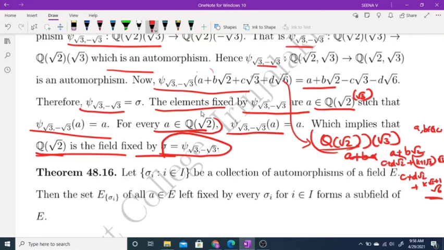If you take this part, it is fixed by ψ_{√3→−√3}, and the elements are from Q(√2).